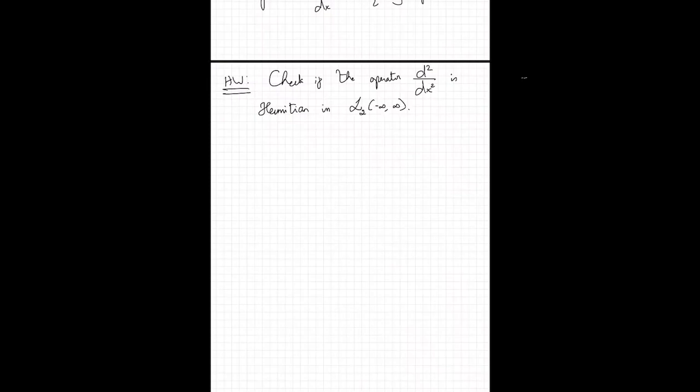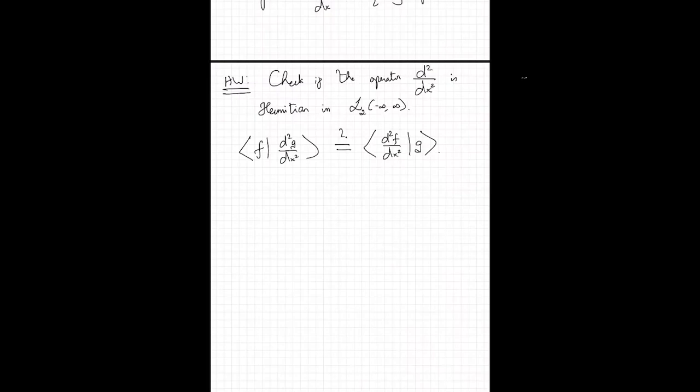So what you have to do is try to check if the integral of f d²g/dx² is equal to the integral of d²f/dx² g. Okay, to check this, you have to do two partial integrations. You take the left hand side or right hand side, one of them, and do two partial integrations to transfer both the derivatives from g onto f, and then check if this equality is satisfied. Okay? And you would actually find that it is satisfied.